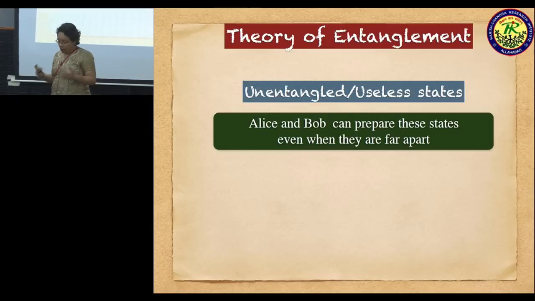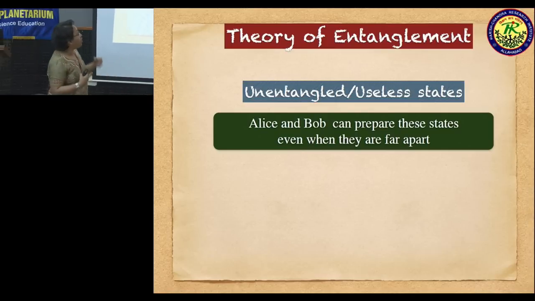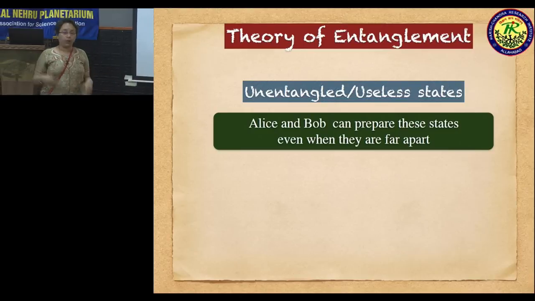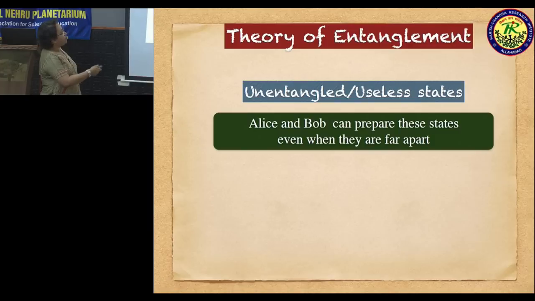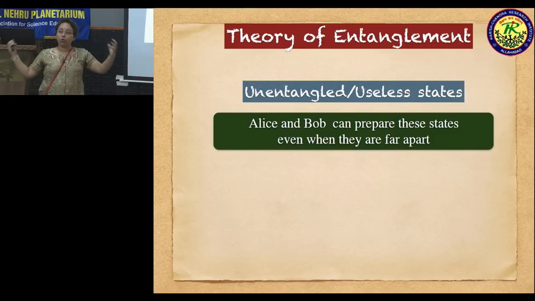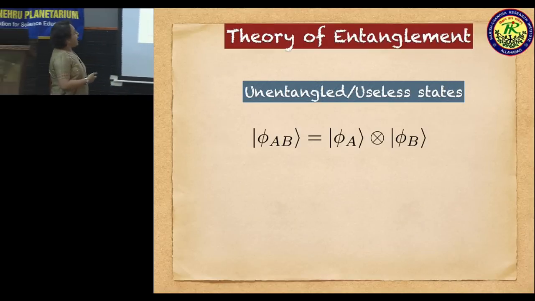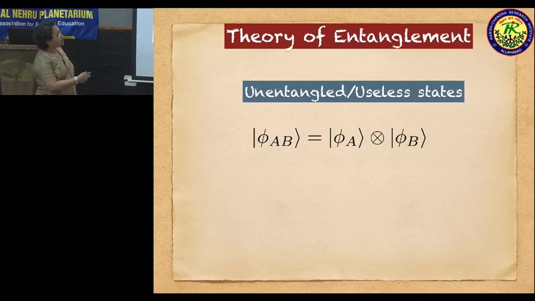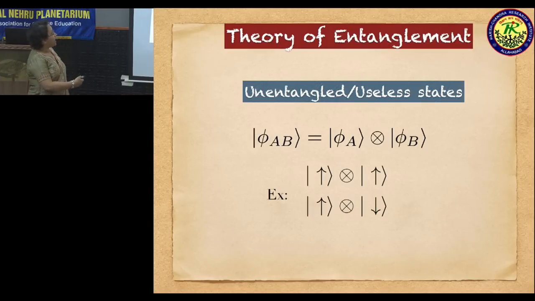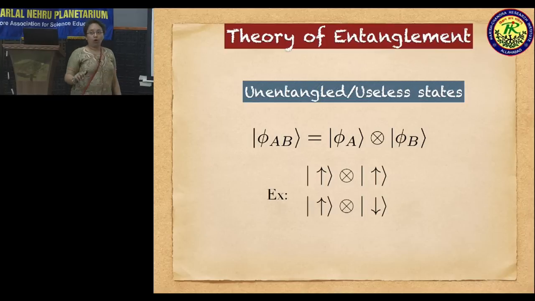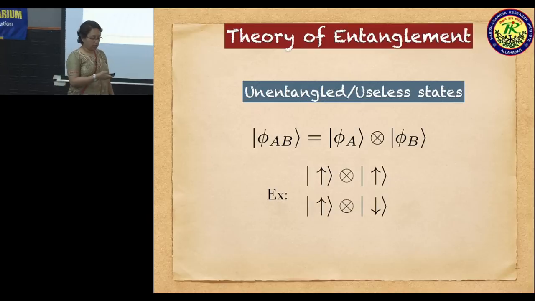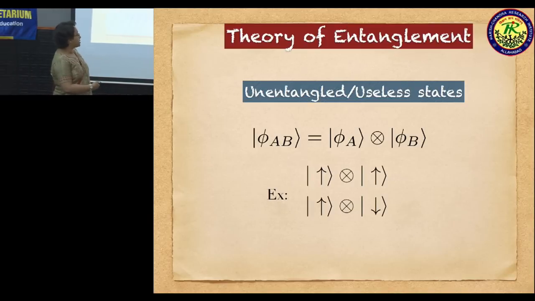The useless states, those not useful for quantum information protocols, are those that Alice and Bob will be able to prepare even when they are situated in 2 distant locations, 2 different cities, for example. Mathematically, the useless states are like that. For example, they can prepare spin up of an electron and spin down of another particle. This is an example of useless states for quantum information processing tasks.